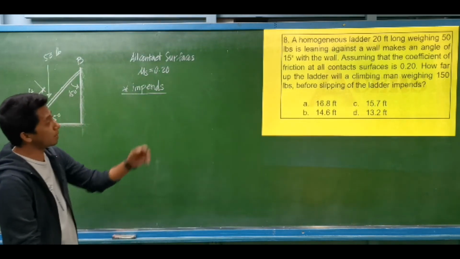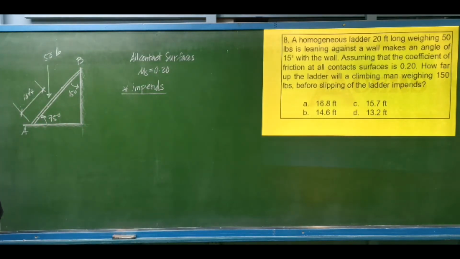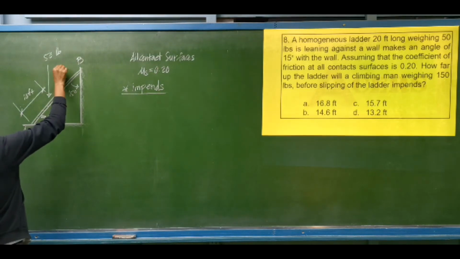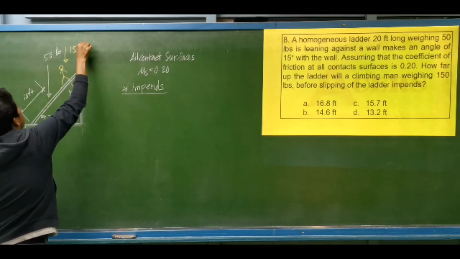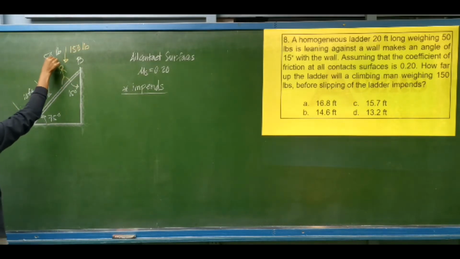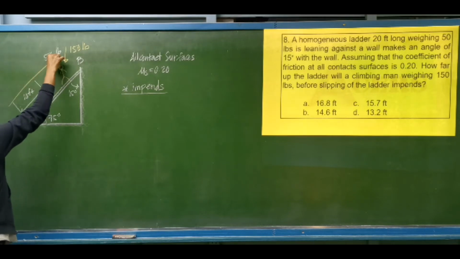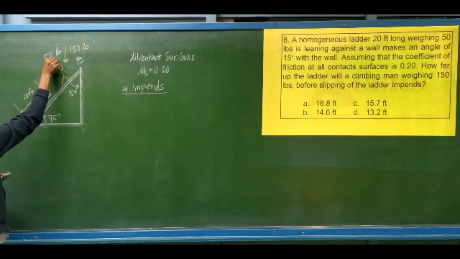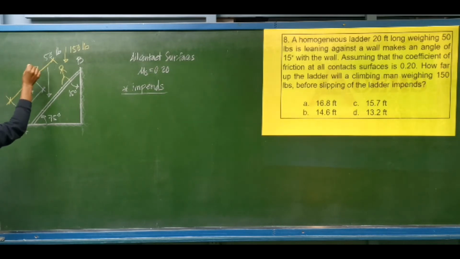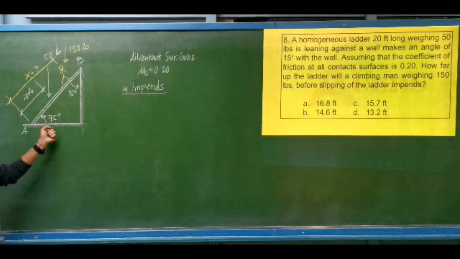So we are to place that 150 pound man at a distance x from A. We have a weight of 150 pounds, and its position from A is at a distance of x. We are looking for this distance that the man will climb before the slipping of the ladder impends.